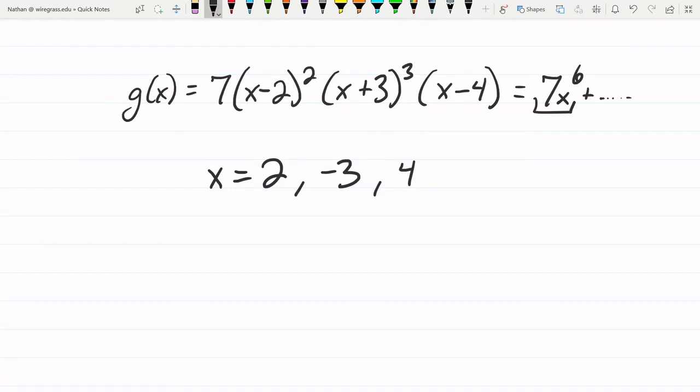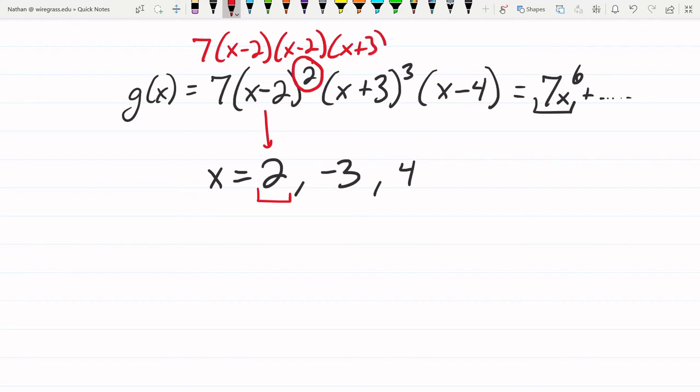But I notice that this 2 has a power of 2, so I could think of this as saying there's actually x equal to 2 twice here, because if I were to expand this, it would look like 7 times (x minus 2)(x minus 2)(x plus 3)(x plus 3)(x plus 3)(x minus 4).